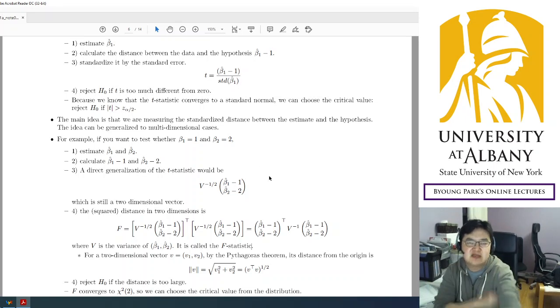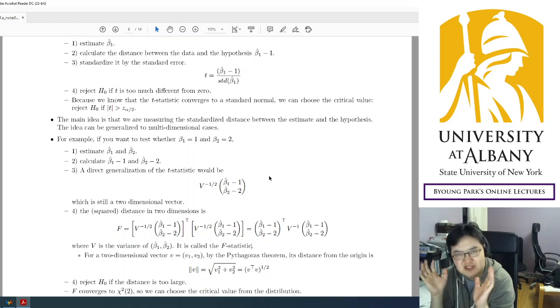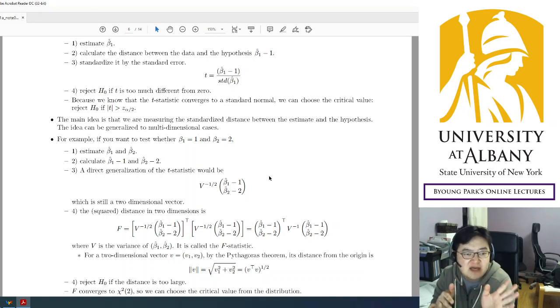To put it more rigorously, but still roughly speaking, the F statistic is the squared standardized difference between your data and your hypothesis. So if the distance is close to 0, don't reject. But if the distance is too large, you reject.